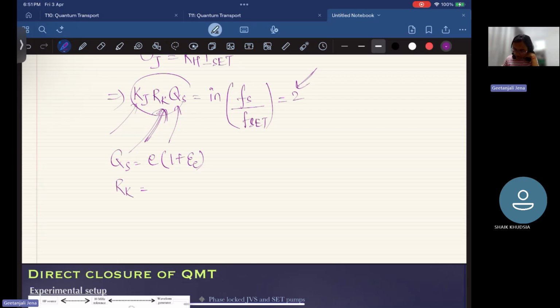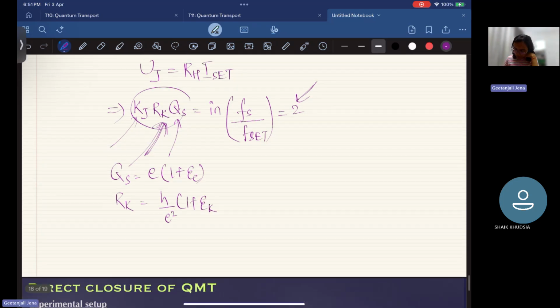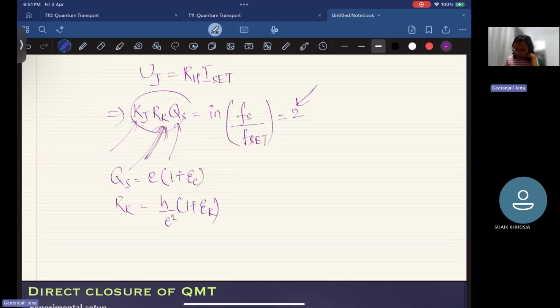And let us say RK is h over e squared times (1 plus epsilon K), and KJ is 2e over h ideally, but there is an error to it. So we are just using this error to see how accurate the measurement will be.